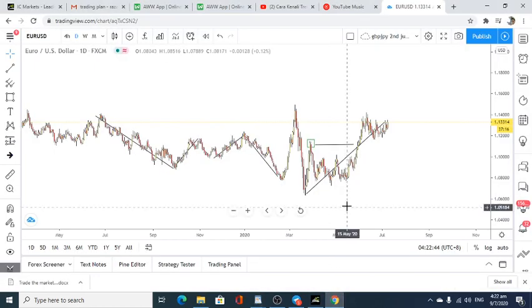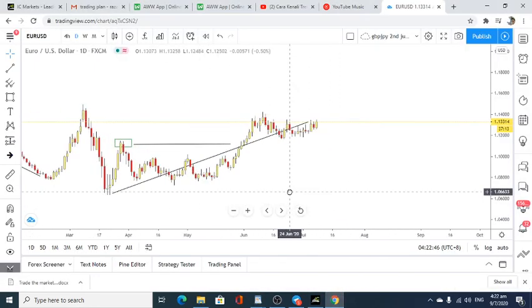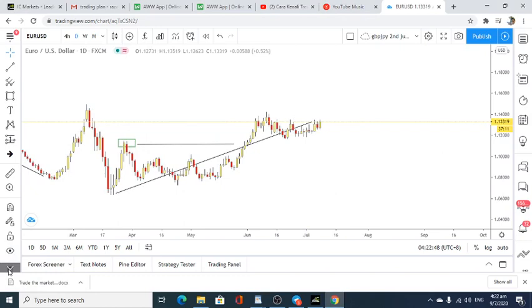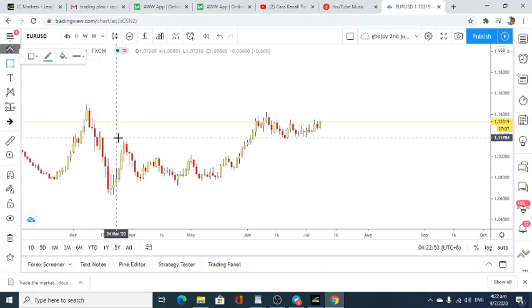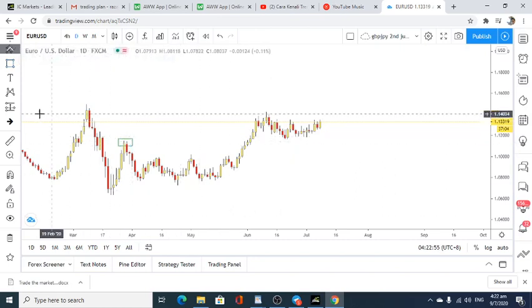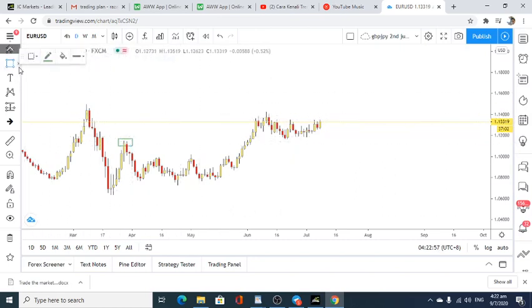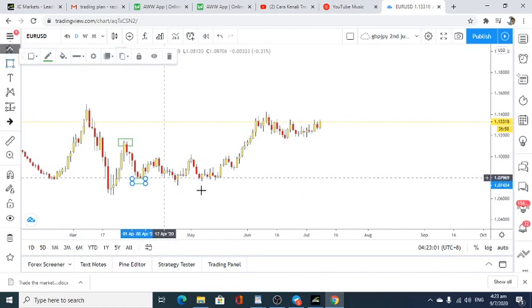I'm going to go back to this instance. If you look at Euro, I'm going to delete all this. We recognize that this is a resistance, and we also recognize this is a support.